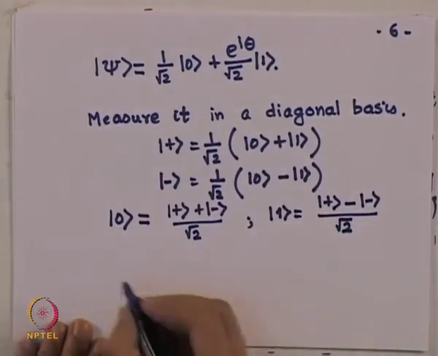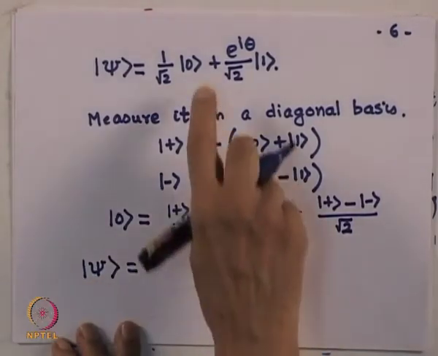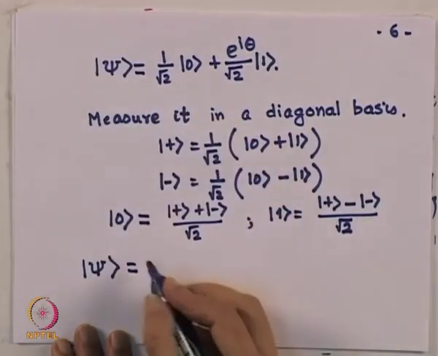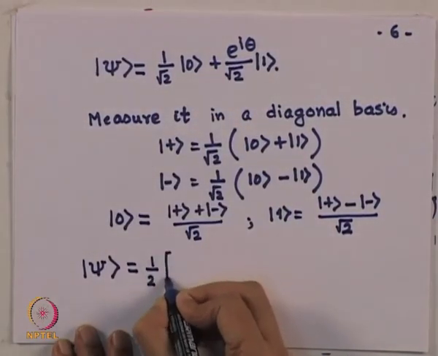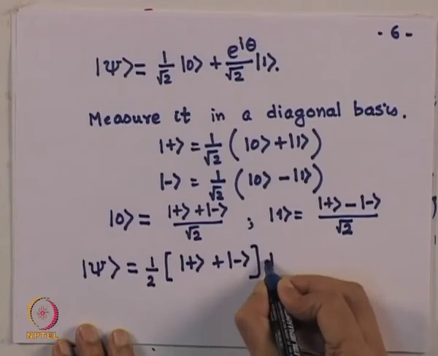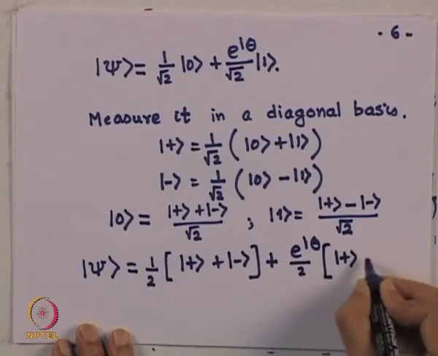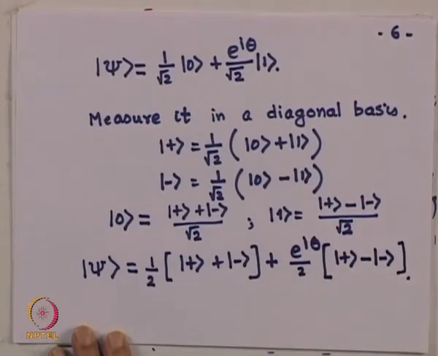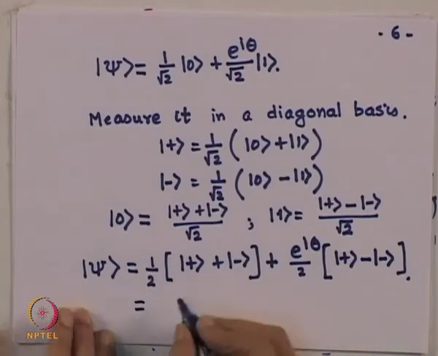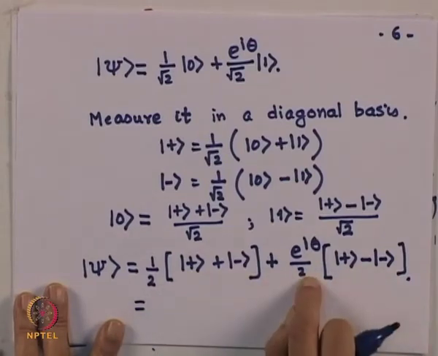So this psi that I wrote down just now can be now expressed as this |0>, there is another 1 over square root of 2 here, so I get a 1 over 2 (|+> + |->) plus e to the power i theta by 2 (|+> - |->). Now, if you rearrange these terms, you find that this is given by, here I will write it as half of plus half of.